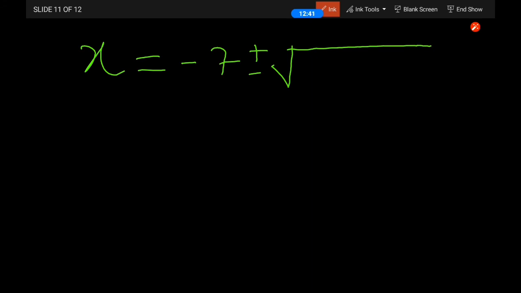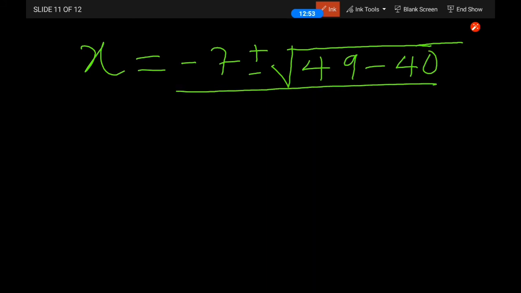So x, we are very close. x will now be equals to minus 7 plus or minus 7 squared will give us 49. Then minus 4 times 1 times 10 will give us 40. So that is negative 40 there over 2.